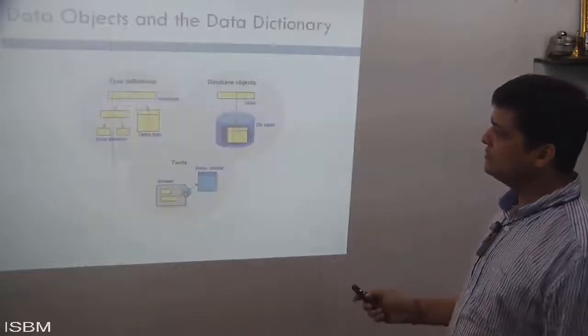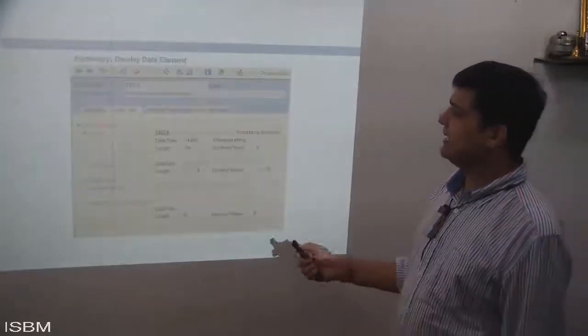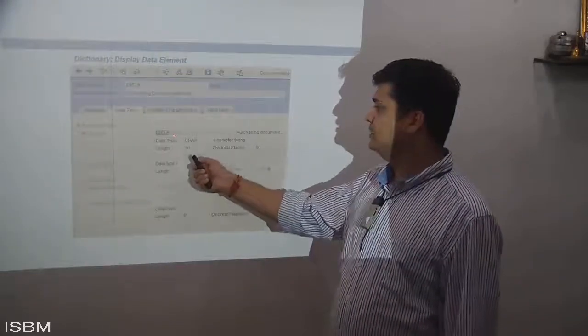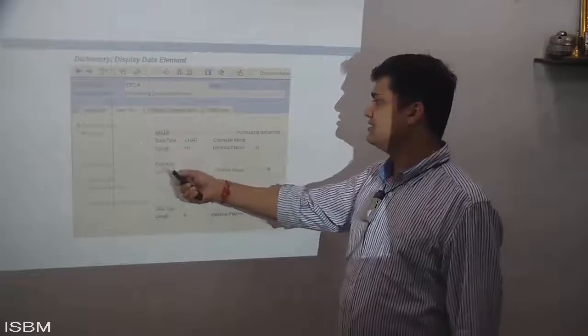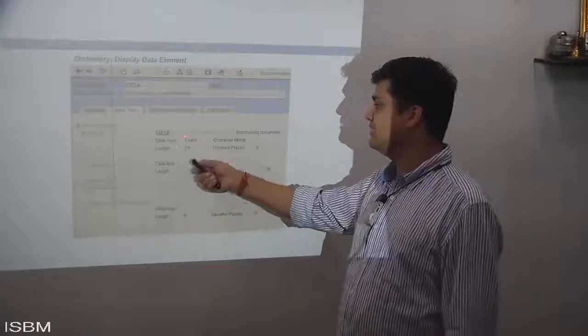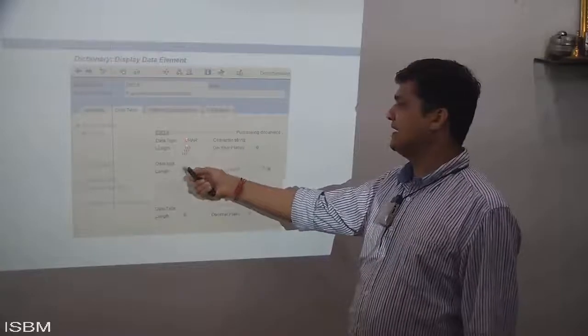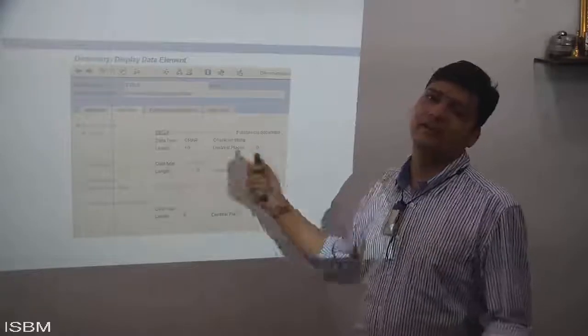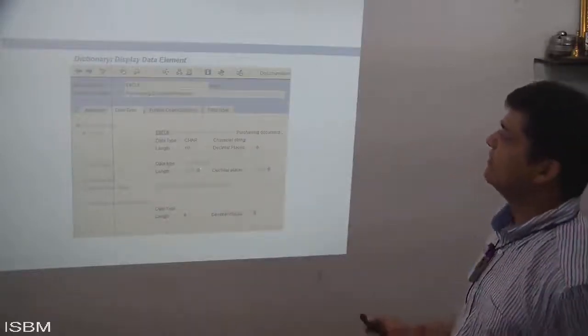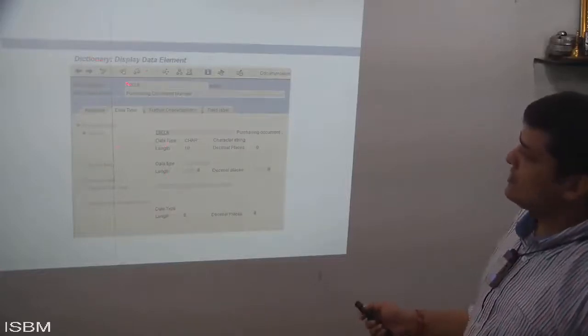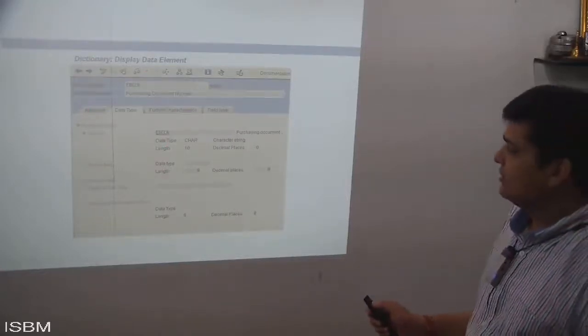When you use this over here, it will directly pull the data over. There is no need to write these things. It will directly come as data type CHAR and length 10, because we already created EBELN, and we can directly refer to this domain in this data element.